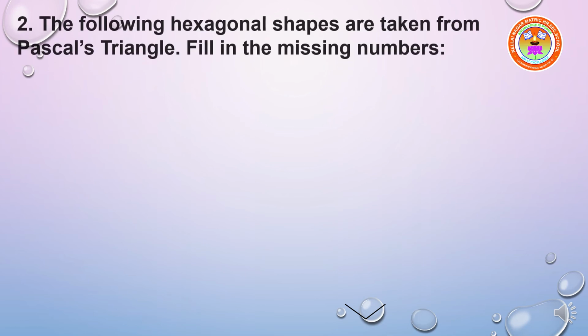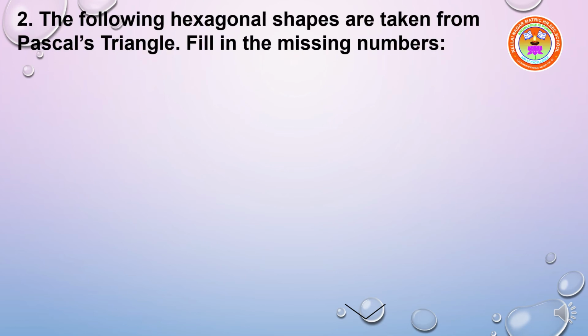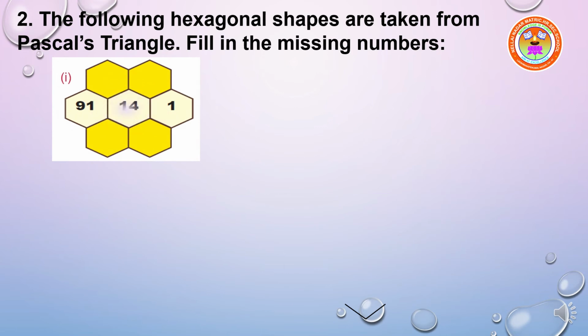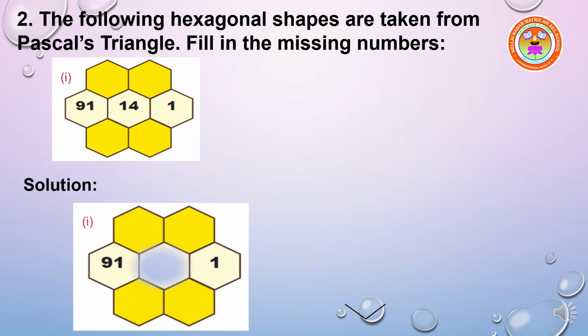Okay, second question. The following hexagonal shapes are taken from Pascal's triangle. Fill in the missing numbers. So hexagonal shapes are given from Pascal's triangle, and we have to find the missing numbers. For the first sum, there are 4 missing numbers. Let us move on to the solution. First we are going to consider the center number, that is 14.